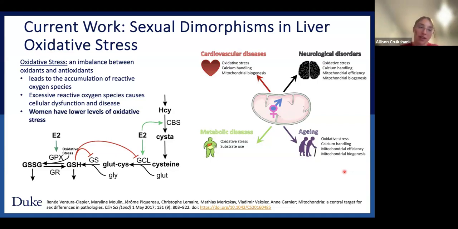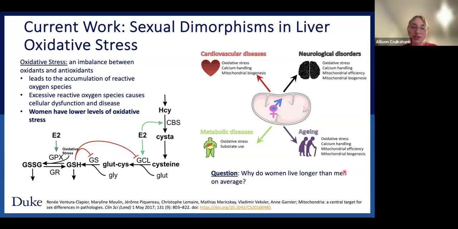And importantly, women have lower levels of oxidative stress. That's known in the clinic, in humans, and in other mammals like mice and rats. They're able to measure these levels of oxidative stress and see that women have lower levels.